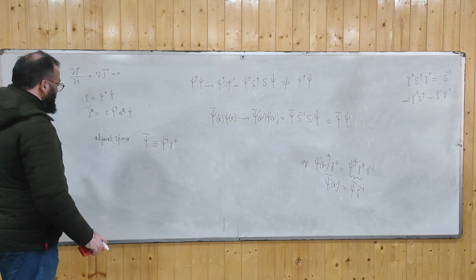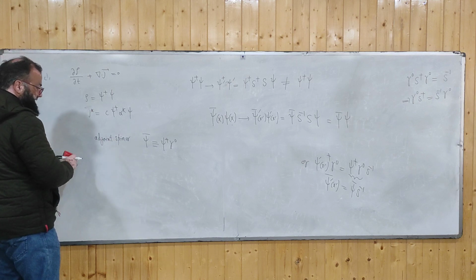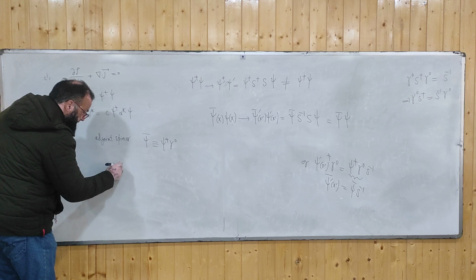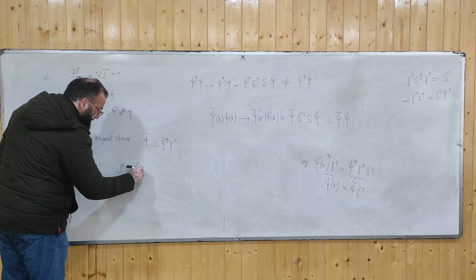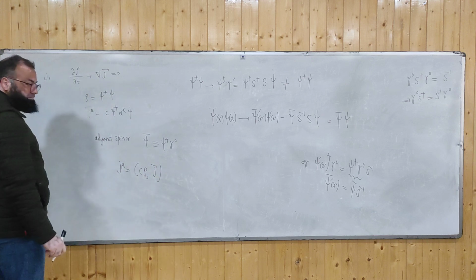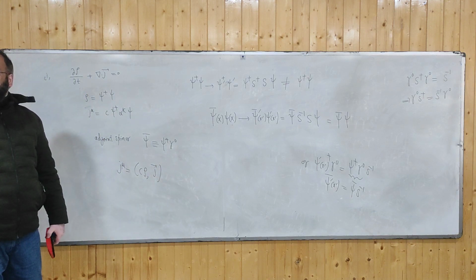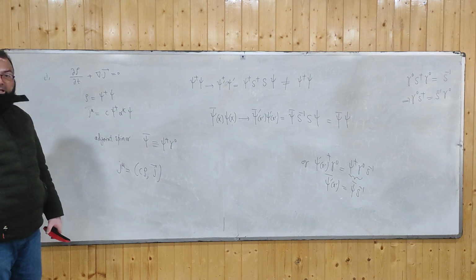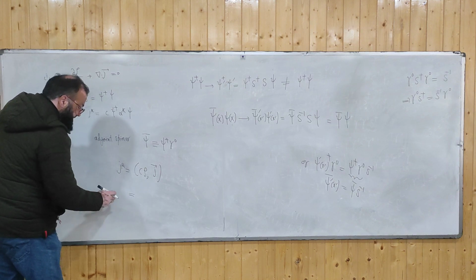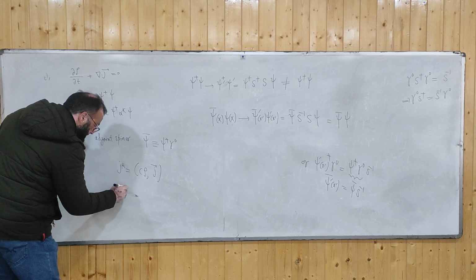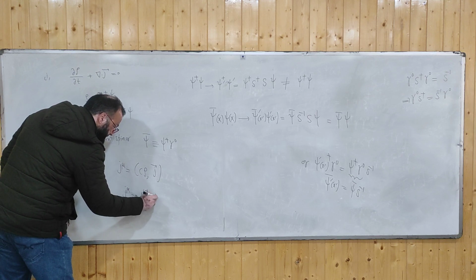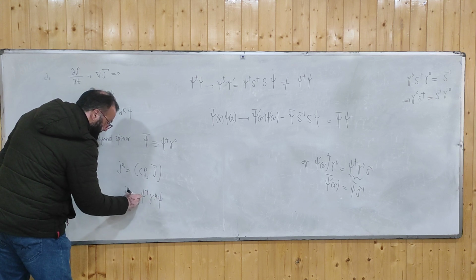So now let's look at this current density. I will define my current density J mu equal to C times rho and vector J, where J mu is equal to psi bar gamma mu psi, and there will be a C here.